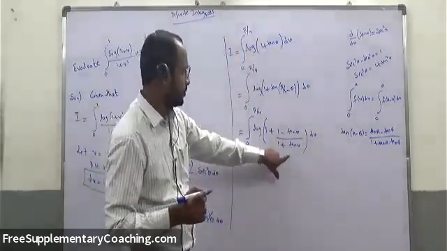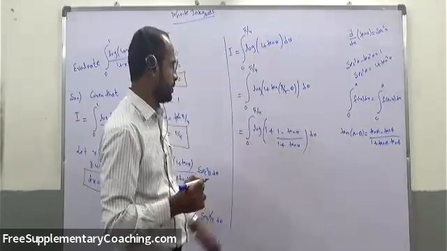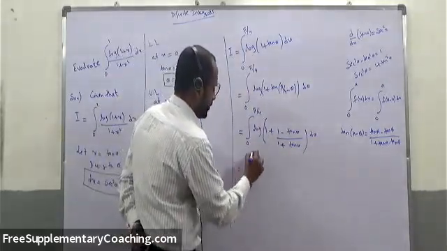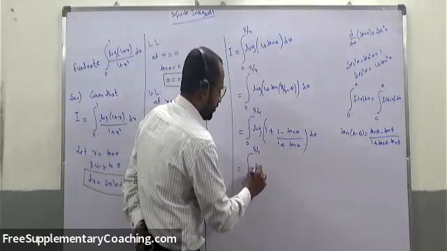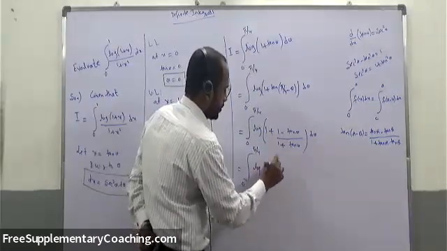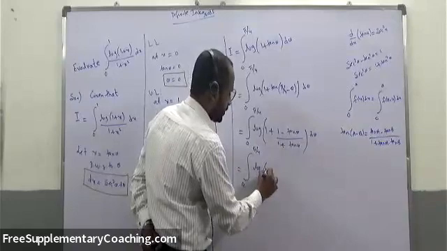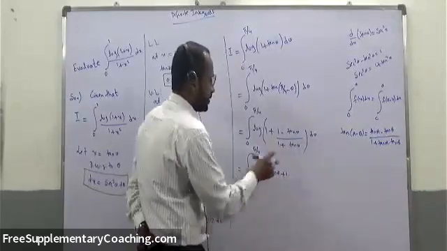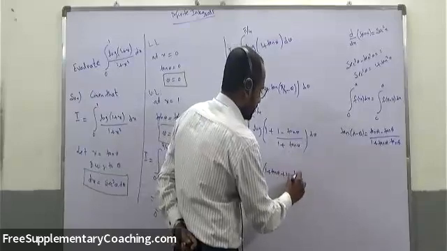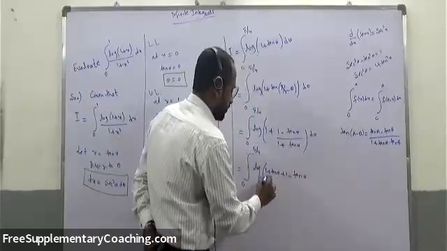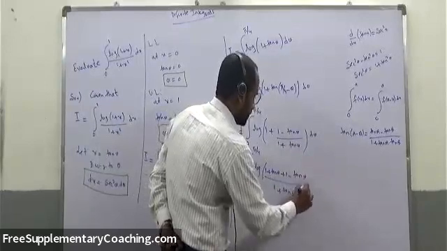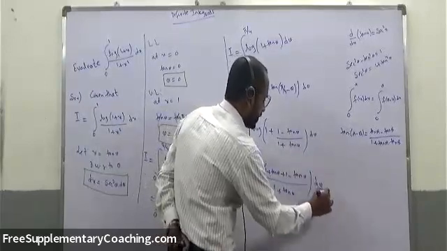Take the LCM, 1 plus tan theta into 1. Integration of 0 to pi by 4 log 1 plus tan theta into 1, 1 plus tan theta plus 1 minus tan theta as it is, divided by 1 plus tan theta into d theta.